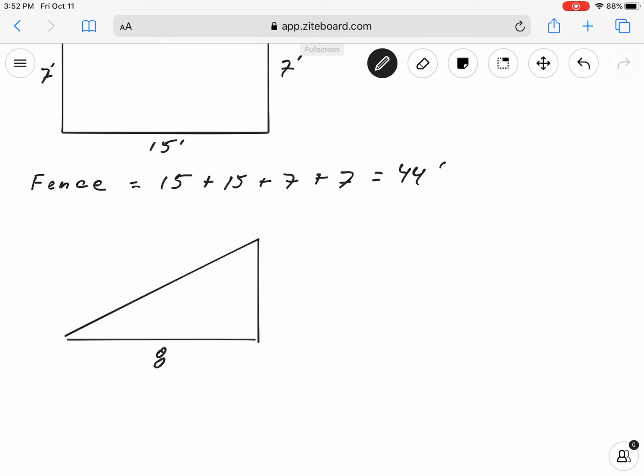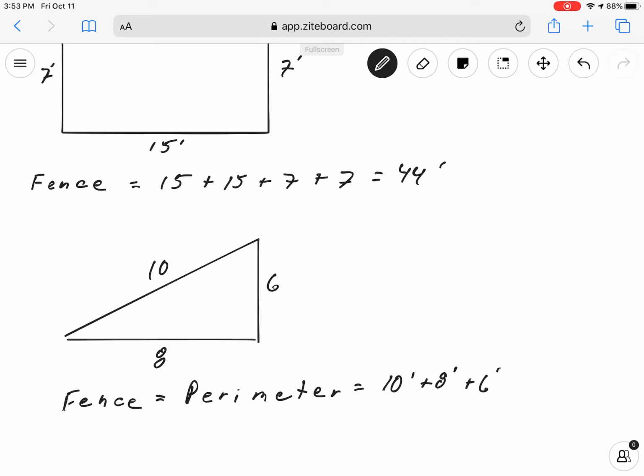And then this was 6, and that was 10. I simply add them all together. So the fence for the perimeter, for the outside edges, fence is perimeter. And I have 10 feet plus 8 feet plus 6 feet, and that's 24 feet. Okay. So that's perimeter.